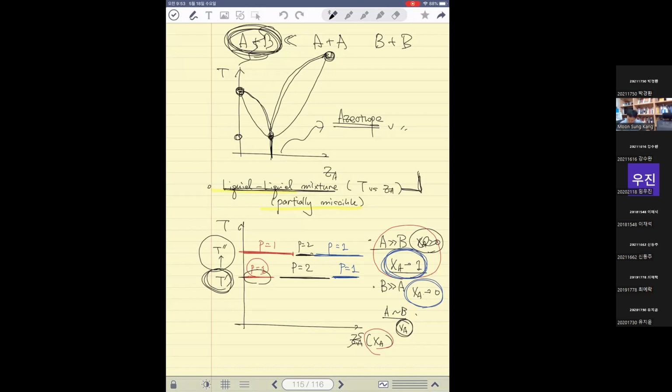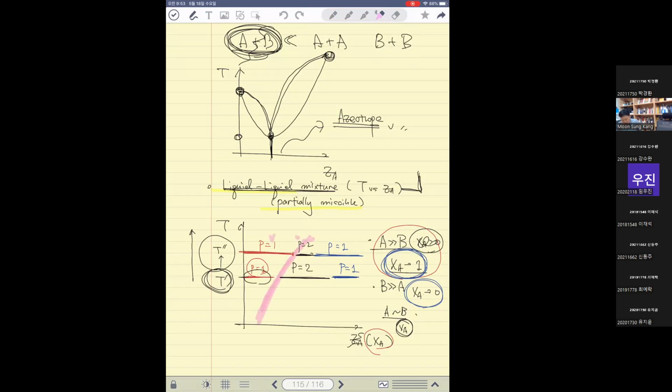So if you do this over a range of temperature, you should be able to draw a line that looks like this. If you draw the boundary, you're going to have a boundary between single phase and two phases.